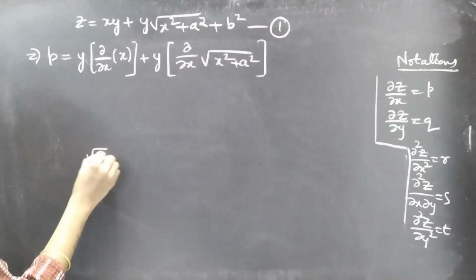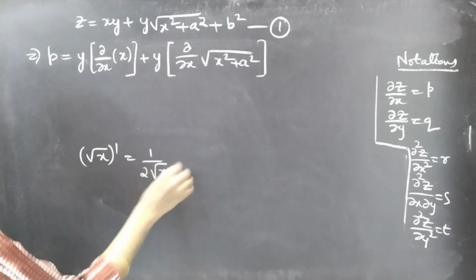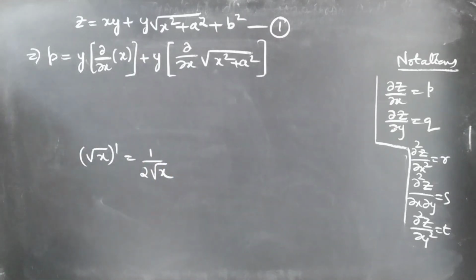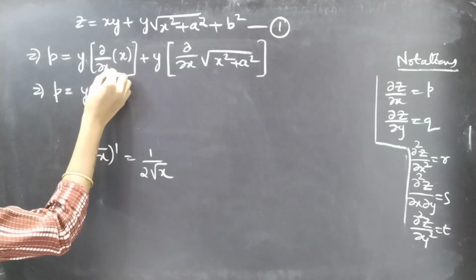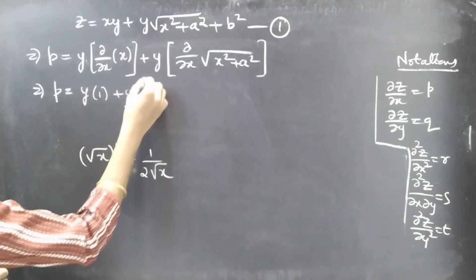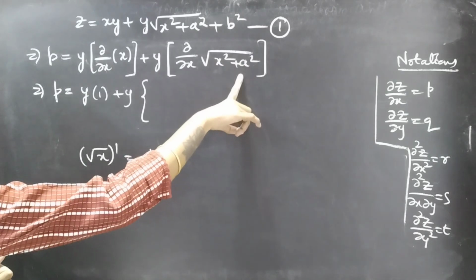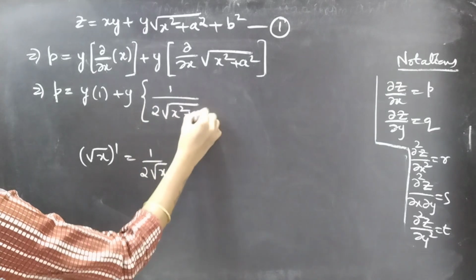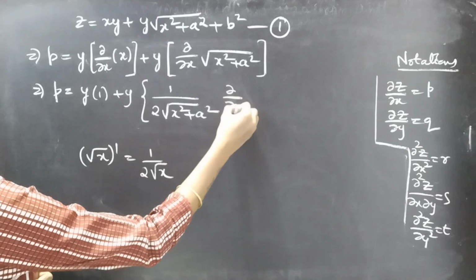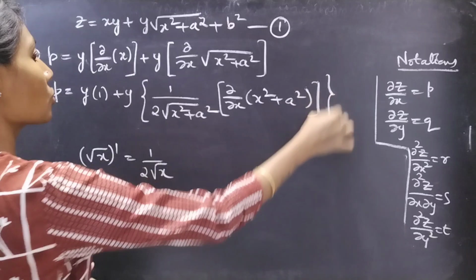Since we know that derivative of square root of x is 1 by 2 root x, but here we are having square root of x square plus a square, so we need to find the inner derivative also. This gives us y into partial derivative of x with respect to x is 1, plus y into derivative of square root of x square plus a square, that is, partial derivative of square root of x square plus a square with respect to x is 1 by 2 square root of x square plus a square into inner derivative, that is partial derivative of x square plus a square.